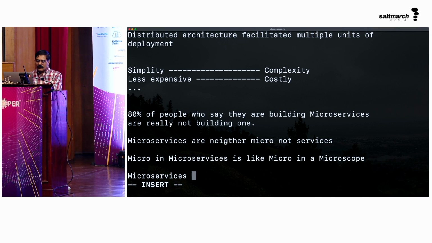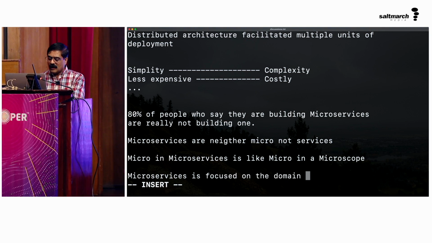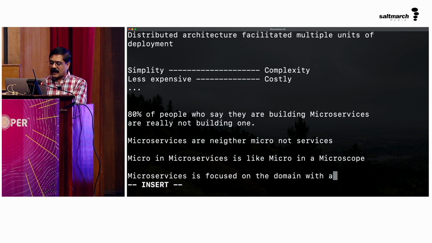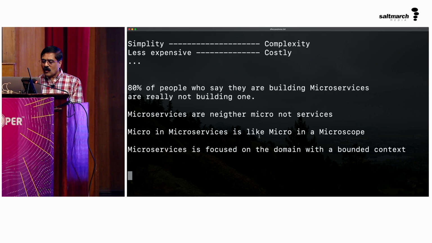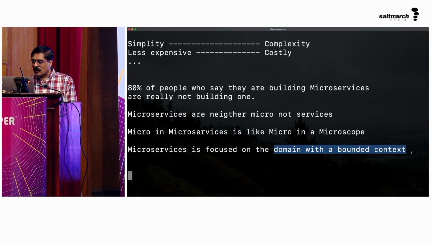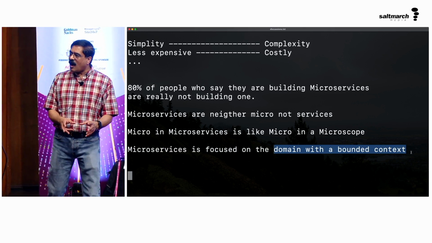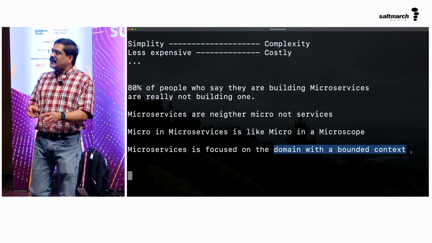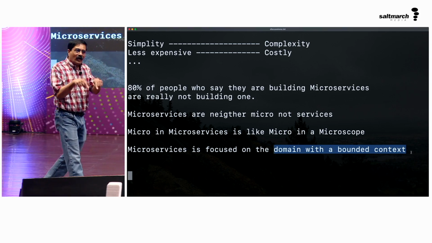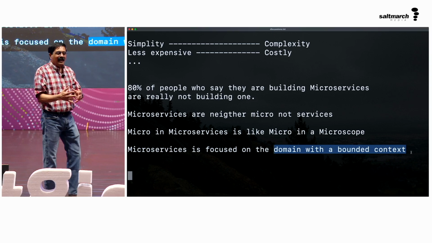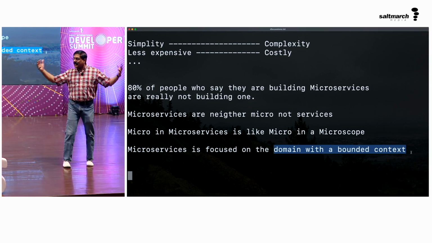A microservice is focused on the domain, with a bounded context. So when you talk about micro, the micro is not the code. The micro is the scope within the domain that you really need to be focusing on, which is what you really, really need to be thinking about. So my microservice really is the focus into what I am building, not the code base or the size or the binary or the source code or the team size.